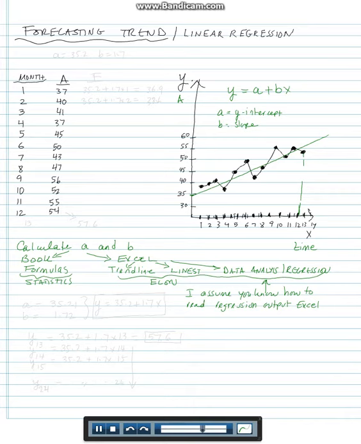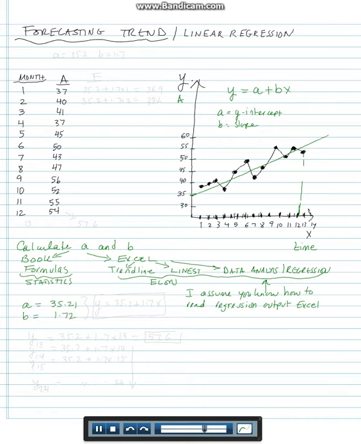So for this problem, when we run data analysis and regression on this, we get that little a is equal to 35.21 and little b is equal to 1.72.